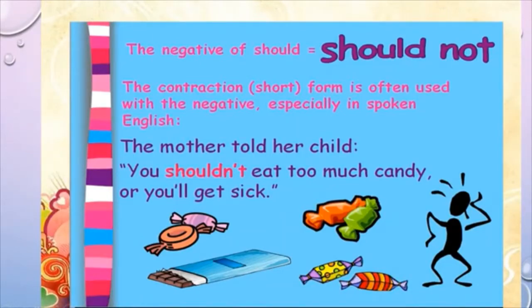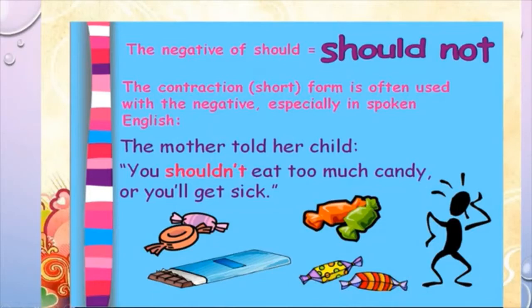The negative of should is should not. The contraction or short form is often used with the negative, especially in spoken English. When we speak in English, we usually use the contraction form.